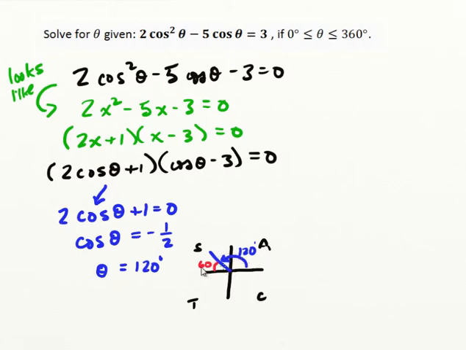To find the second angle, we're going to ask where else is cosine negative. And it's negative down here in the third quadrant.